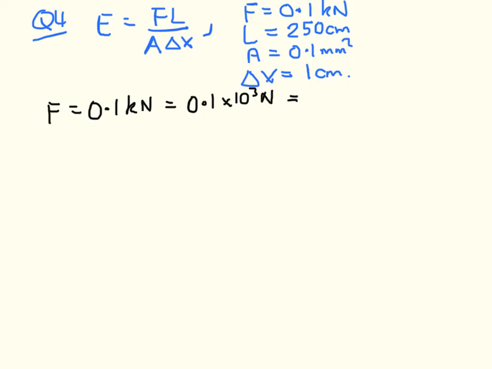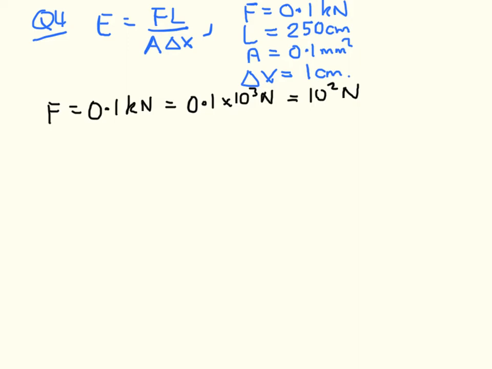Whichever way you want to think about it, what we have is 10 to the 2 newtons. And the newton is the derived unit for force, and that can be substituted into the equation, and it will help us to get the answer correctly in terms of SI units.